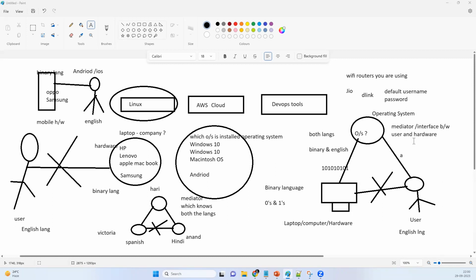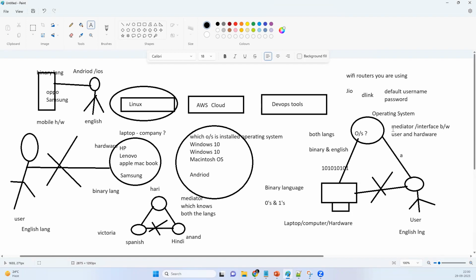Yeah, Hari. OS is nothing but a mediator of hardware language and user language, an interface of binary language and user language.